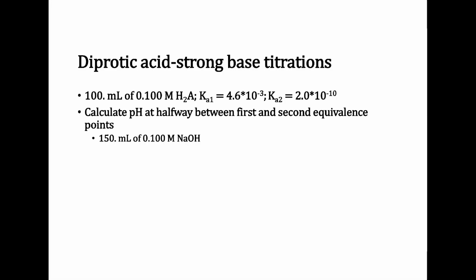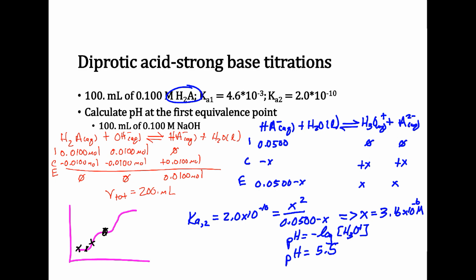So halfway between the first and second equivalence points, you have to take note now that all of the H2A has been consumed. So any additional hydroxide added beyond that 100 milliliters that neutralized H2A is what we're going to be comparing to the HA minus. So if you take note really quick, this is what our initial moles of HA minus will be.